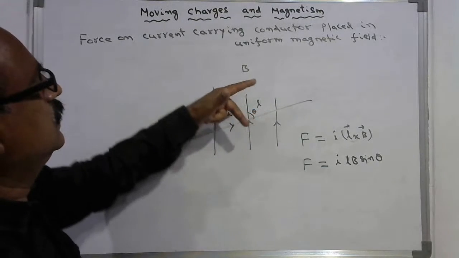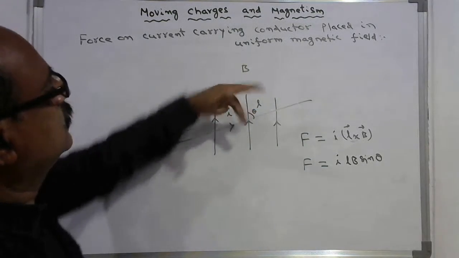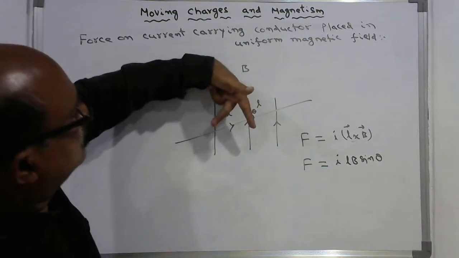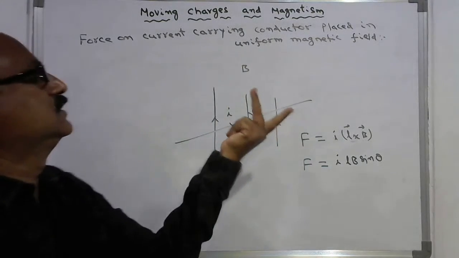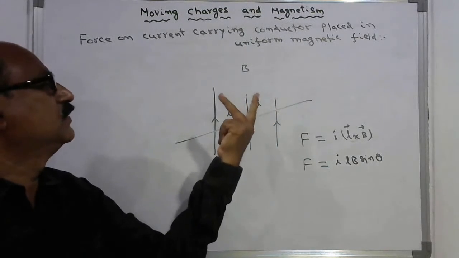Suppose the current direction is changed like this or like this. So what did I change here?